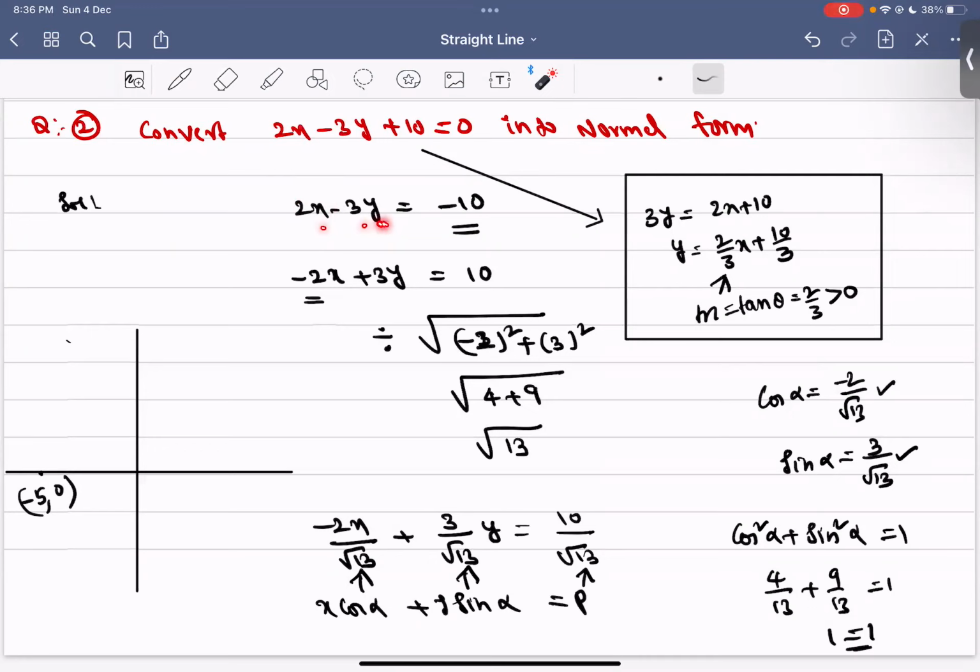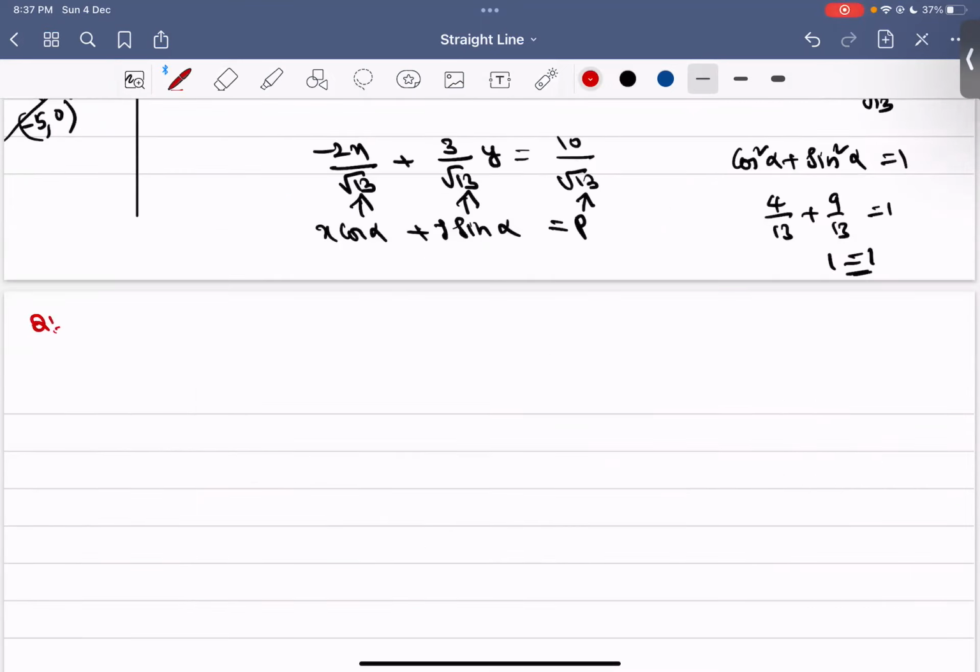Y is equal to positive 10 by 3, which means 3 point something. Therefore this is 0 comma 10 by 3. So the line will be roughly this one. It's an acute angle, yes or no? This angle is acute, because tan theta is positive. Now what is this distance? This is p, 10 by root 13. So this distance p is equal to 10 by root 13. Clear?